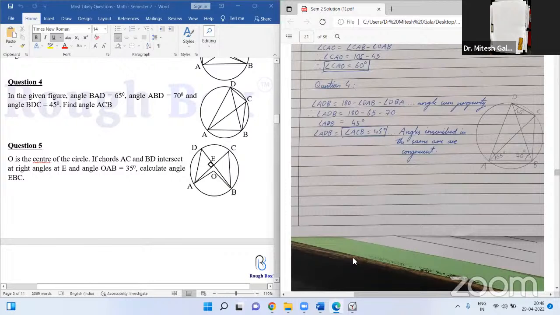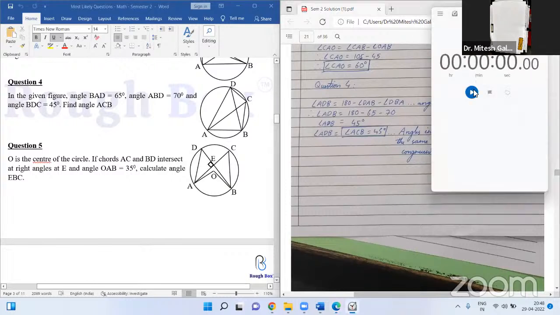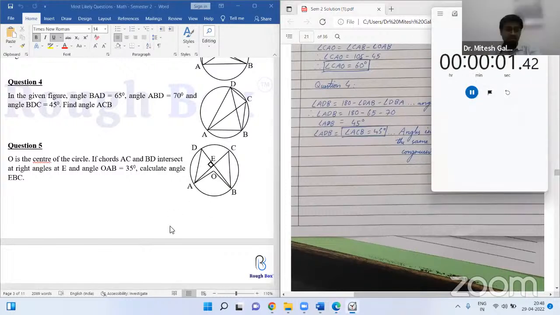Go for it, guys. Again, putting the timer up. Come on, go for it.